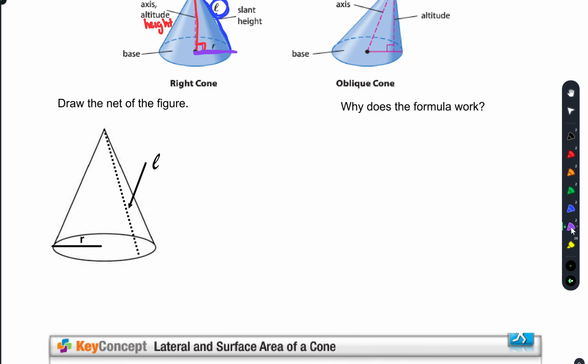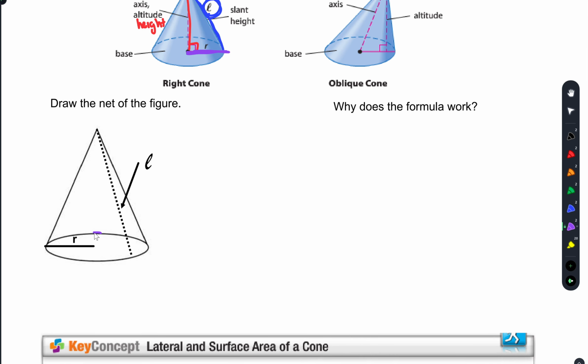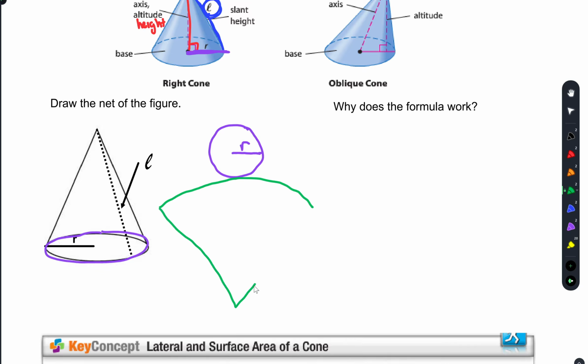I'm going to take the circular base of my cone and draw that out first. The circular base has a radius r. And then I'm going to unfold that lateral area, and it does make a weird shape. You're just going to have to trust me on this. It makes a weird, curvy triangle shape.